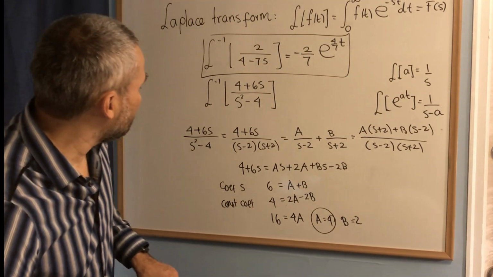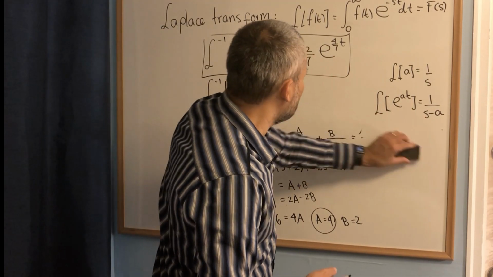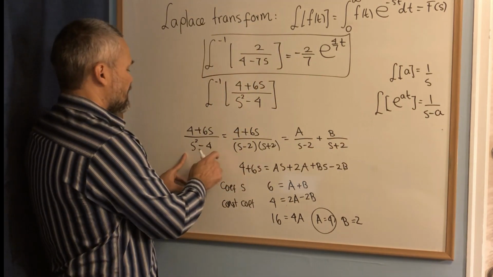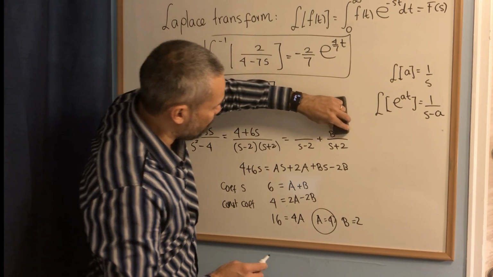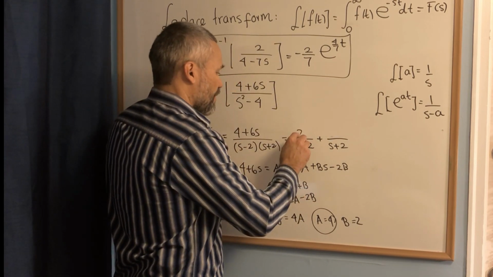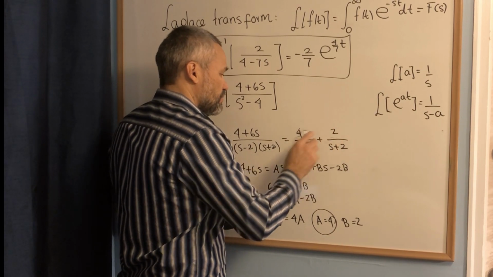Okay, the whole thing is that this expression, we can rewrite it with a is 4 and b is 2. A is 4 and b is 2.